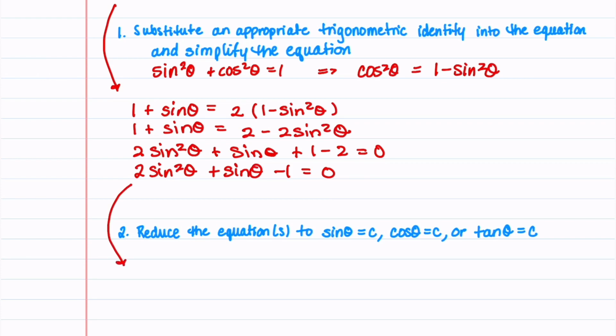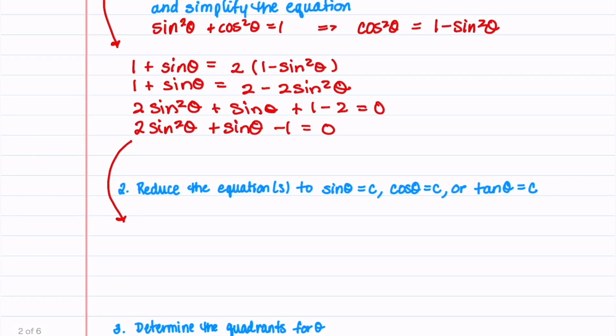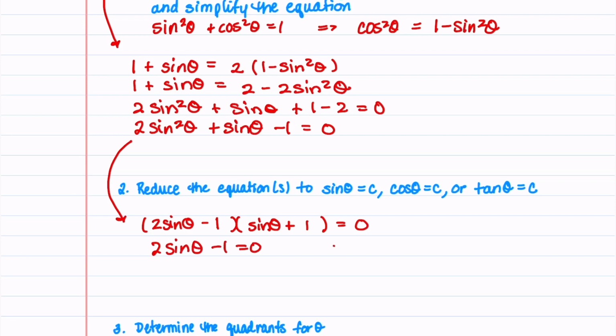Let's now factor the equation and reduce it to sine theta is equal to a constant. To factor it, we have 2 sine theta and sine theta, and then we have a 1 and a 1. That's a plus, and that one's a minus. So this gives us 2 sine theta minus 1 is 0, and sine theta plus 1 is equal to 0.